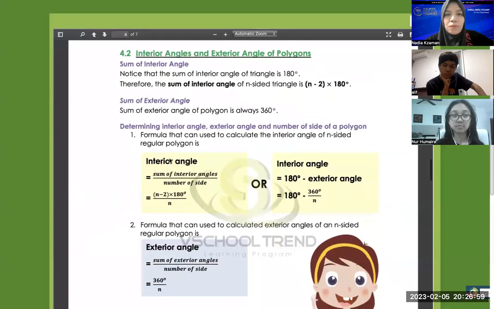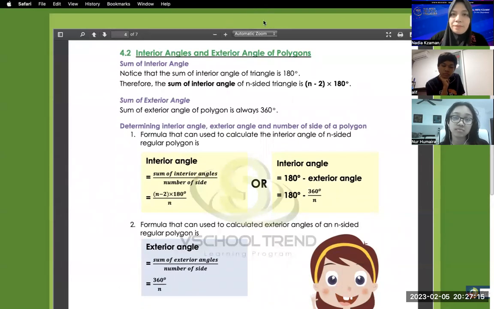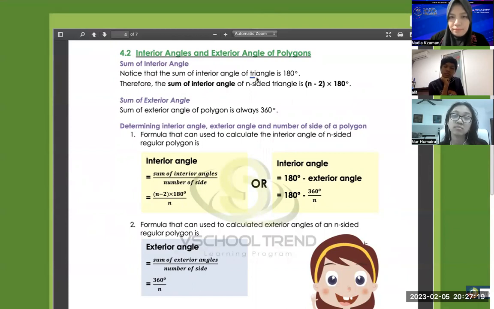Okay, we proceed to the next one. Now we proceed to the interior angles and exterior angles of a polygon. So sum of the interior angle, you have to notice that the sum of interior angle of a triangle is 180. For triangle, 180.